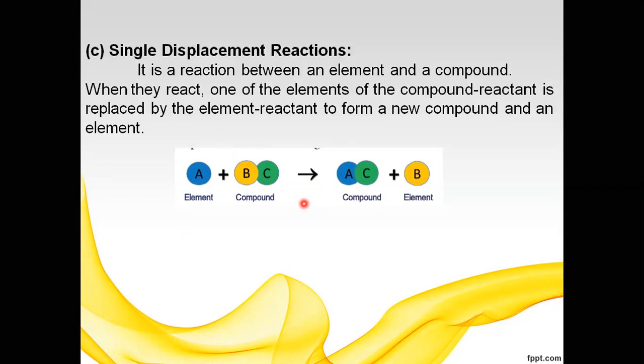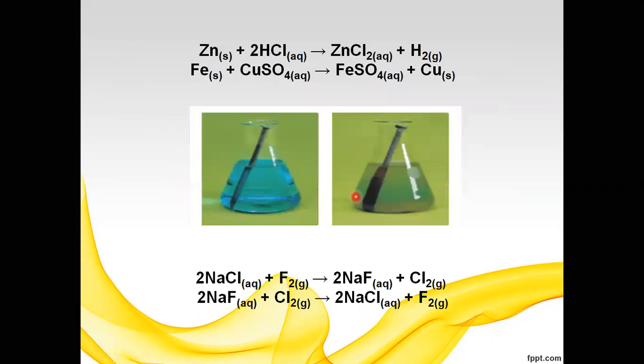Some examples will help us understand. The first one is zinc metal and hydrochloric acid. This is the element and this is the compound, because 2H, hydrogen and chlorine, is called a compound.